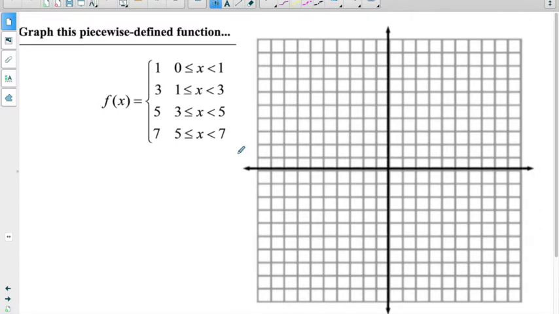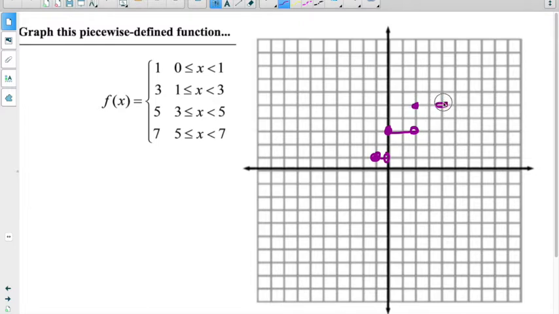If you think about some of the examples we saw in the previous lesson, if we have just a bunch of horizontal segments like 1, 3, 5, 7, when x is between 0 and 1, we have a little horizontal segment right there. When x is between 1 and 3, we move up to the horizontal line at y equals 3.